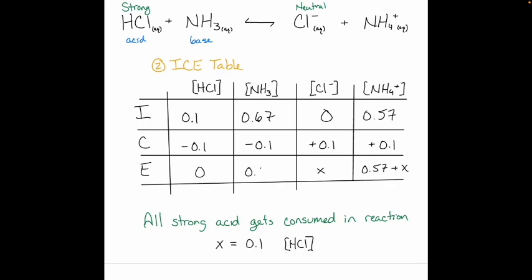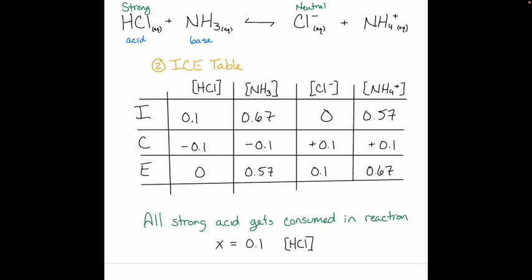I'm left with 0.57 moles of my base. I got 0.1 moles of chloride in there, but I don't even really care because it's chloride and it's not going to affect my pH at all. And then I have 0.67 moles of my conjugate acid. Right? So every bit of that HCl that we added has reacted with base and formed our conjugate acid.